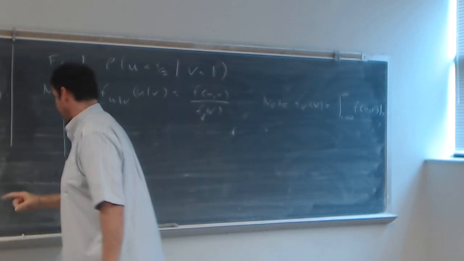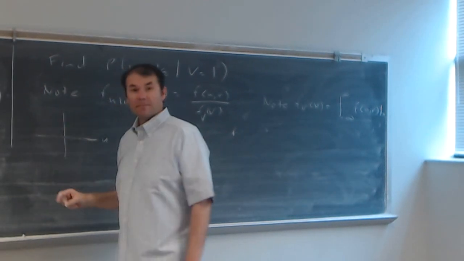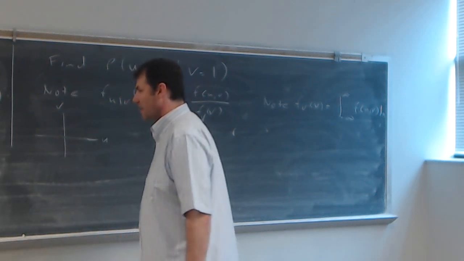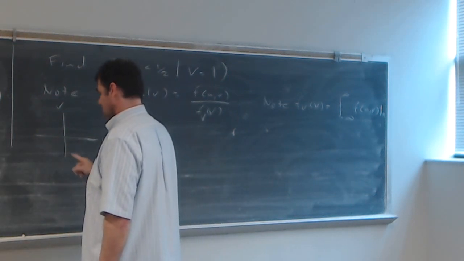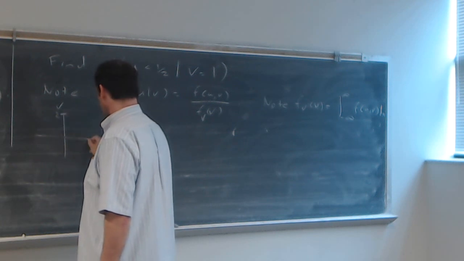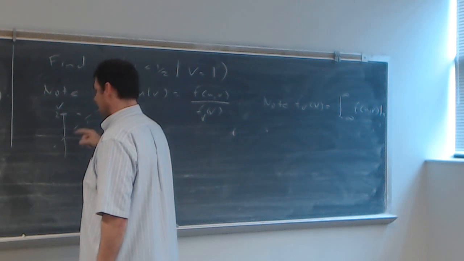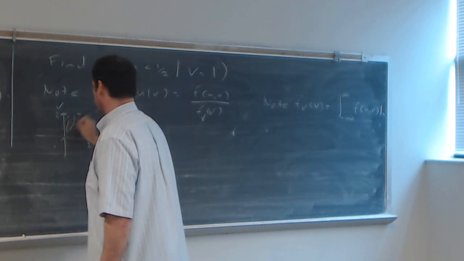So let's think about the region that I'm integrating over for the joint PDF. Okay, this is the u-axis, there's the v-axis, and both of them run from 0 to 2. We have u equal to v. We got v is bigger, it's this top part.